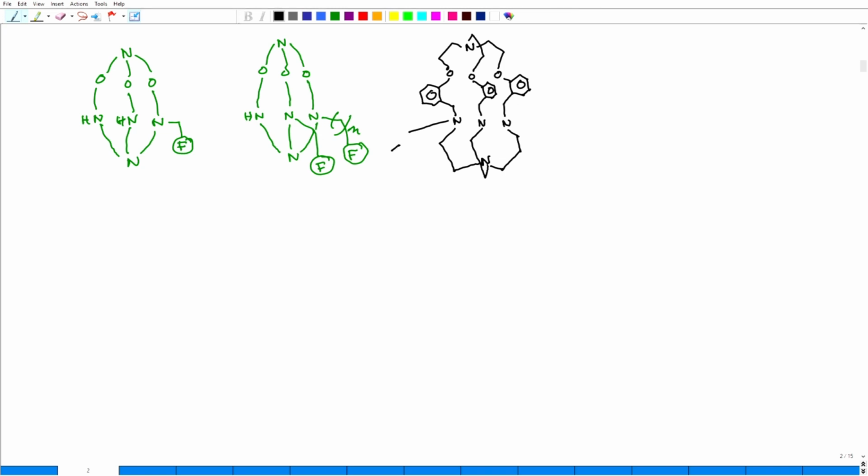I am drawing pyrene, this is a pyrene. Okay, pyrene is connected here.